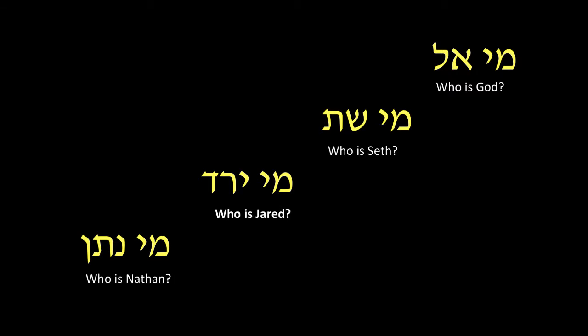And then you learned how to put sentences together with me: who is Seth, who is God, who is Jared, who is Nathan. But remember, there is no "is" there. So it's who God, who Seth, who Jared, who Nathan. Sounds a bit like, me Tarzan, you Jane. But that's how you think in Hebrew.